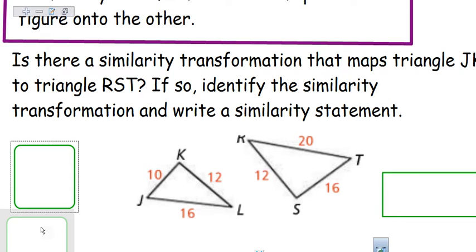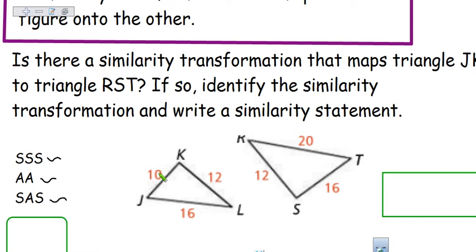So we're trying to find our matches. I think 10 is the smallest, so 10 is going to match up with 12. The 12 over here is going to match up with the 16, and the 16 here is going to match with the 20. So now we know what corresponds to what, and we can write our proportionality statement.